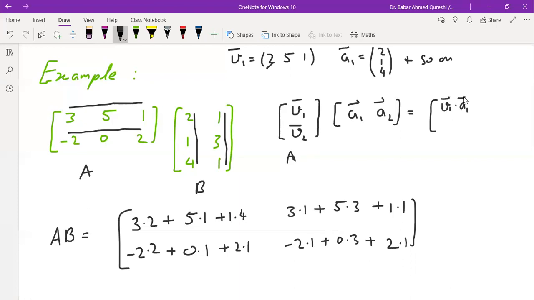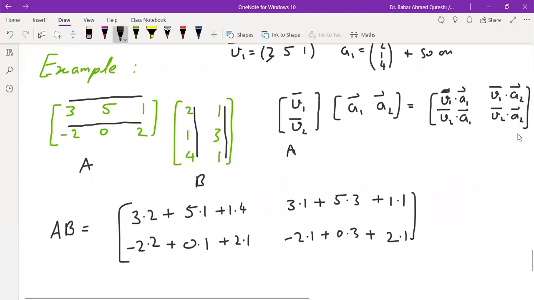V2, this has a spike. And then I take the second vector and start making the dot products. That's what has happened over here.